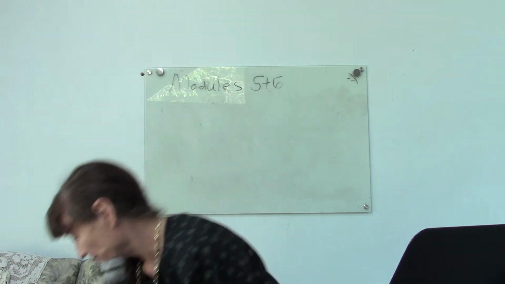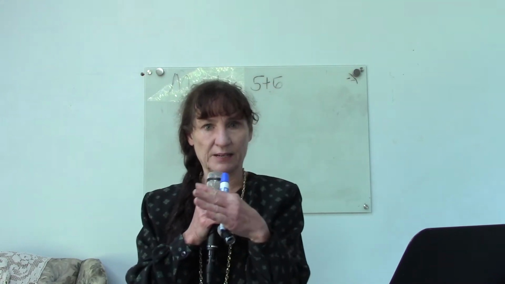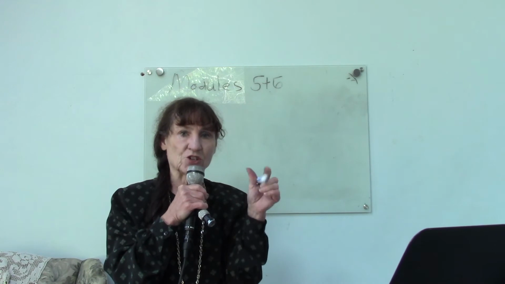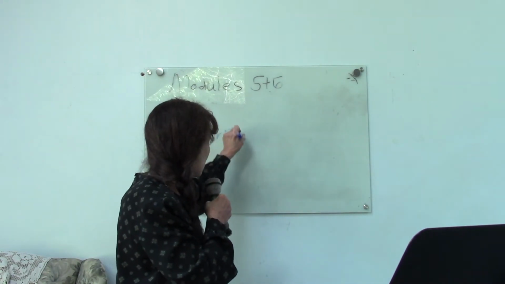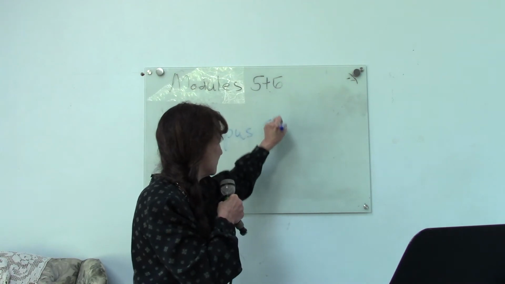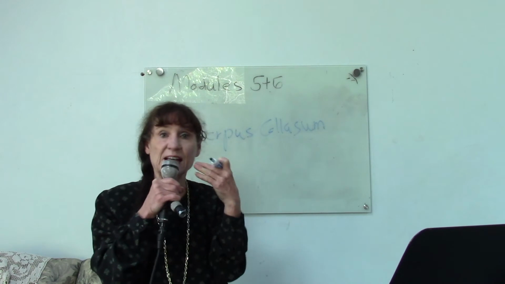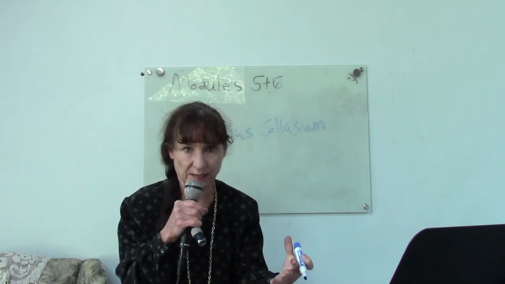Okay, now, one thing I want to point out between the two hemispheres, you've got a left hemisphere and a right hemisphere, and I'm sure you're aware of that as well. There's a communication system called the corpus callosum. That is actually the axons that connect the left brain to the right brain so they can communicate with each other.